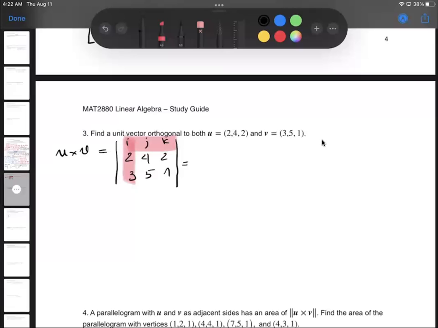So a linear transformation satisfies addition and scalar multiplication. Right, so those are the two things we have to prove.